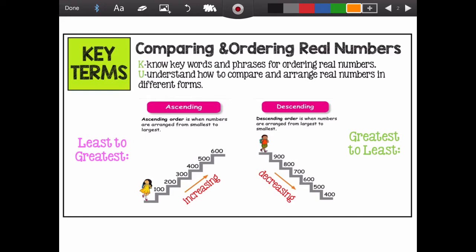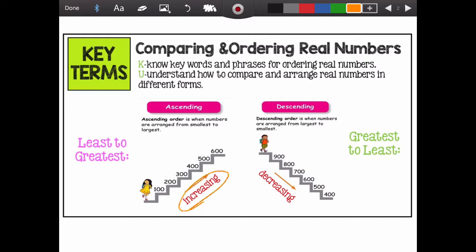Okay, and just a quick review from yesterday. Here's a visual. Least to greatest means ascending, meaning you're arranging your numbers from smallest to largest. This visual shows the little girl climbing up the stairs, gradually getting bigger, which is our term increasing.